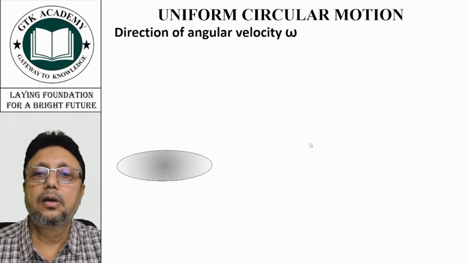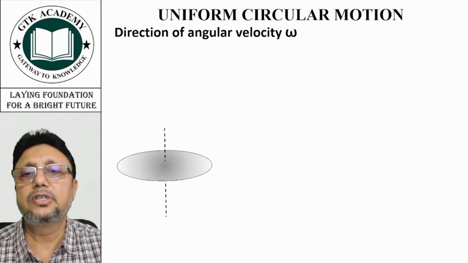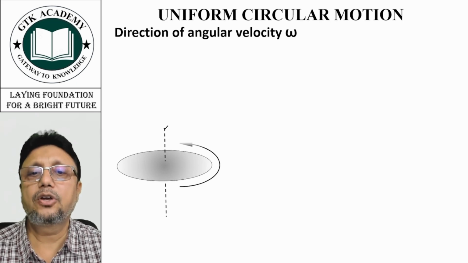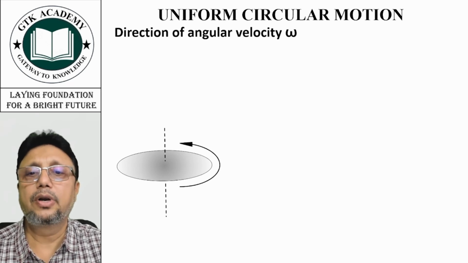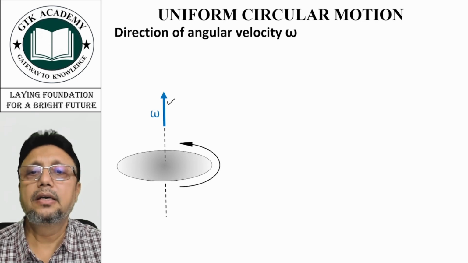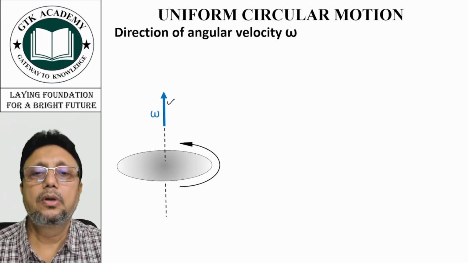Suppose this is a disk and it is rotating about its axis, which is shown in dotted line, and this is the direction of rotation. If this is the direction of rotation, then angular velocity direction is shown by this blue arrow.